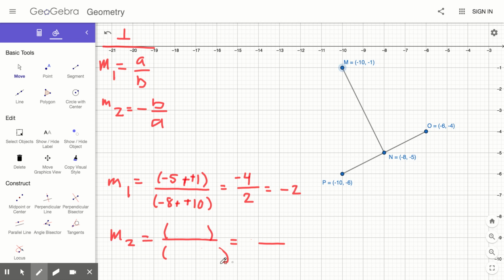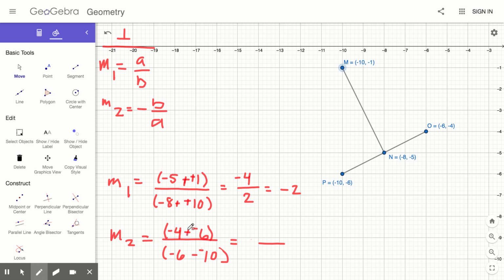All right. Now if we do these lines, we have negative 4 minus negative 6 divided by negative 6 minus negative 10. Now, these two lines would indeed be perpendicular if we have a positive 2 over 4 ratio, which would give us 1/2, right?